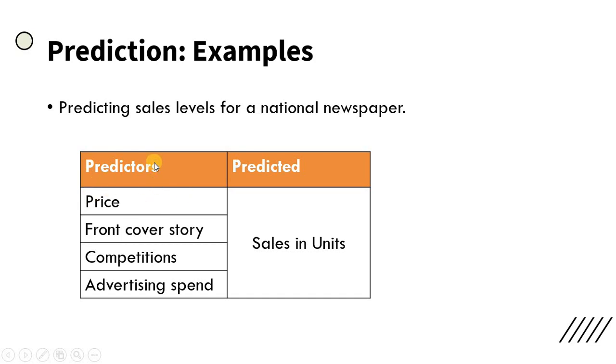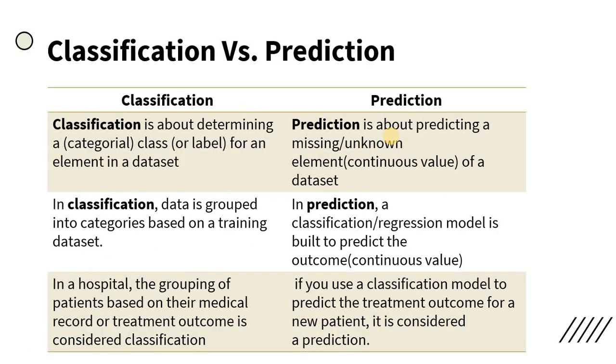So here the predictors are price, front cover story, competition and advertising spend. Based on those variables we are predicting the sales in units in the national newspaper. That is an example of prediction.